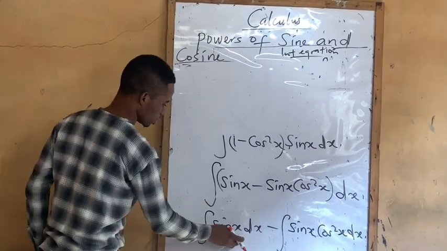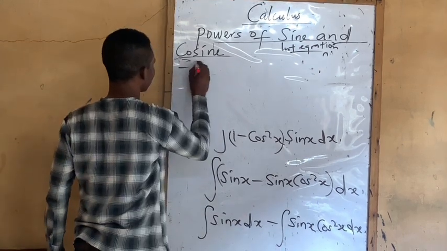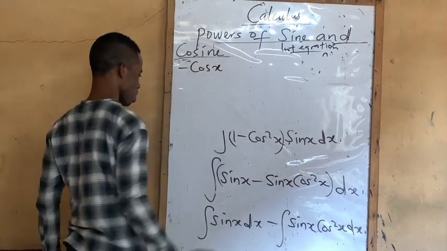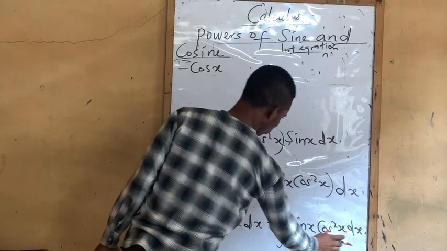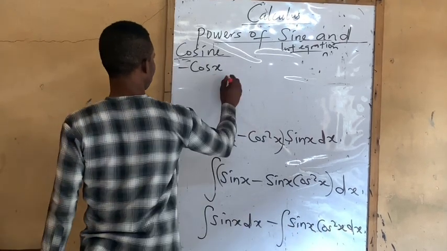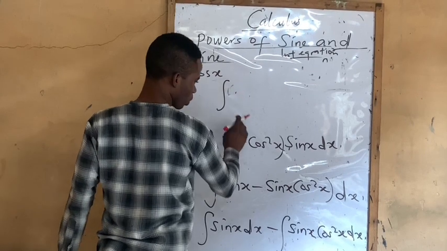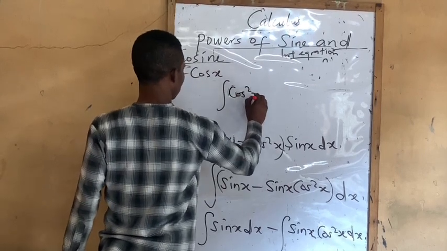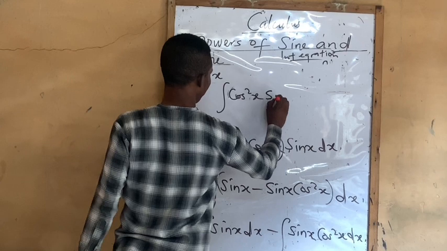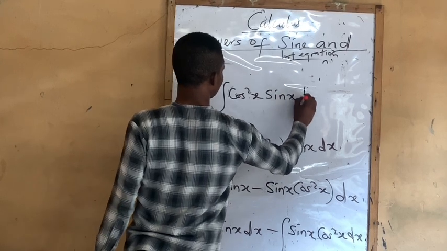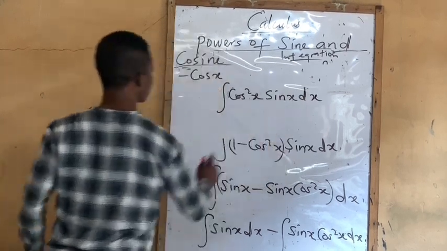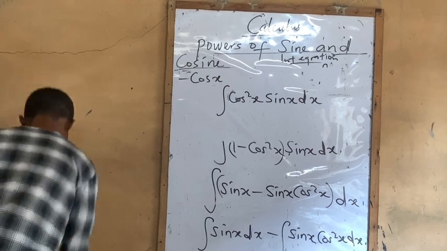That means if this one is giving me minus cos x, so I have to now solve this. If I want to solve this, that is, let me just say cos square x sine x dx. I want to solve this one in a separate way.